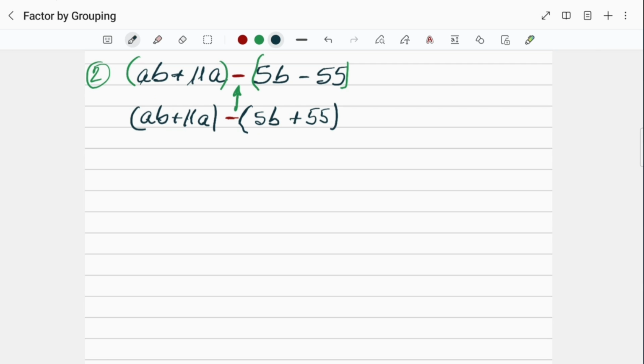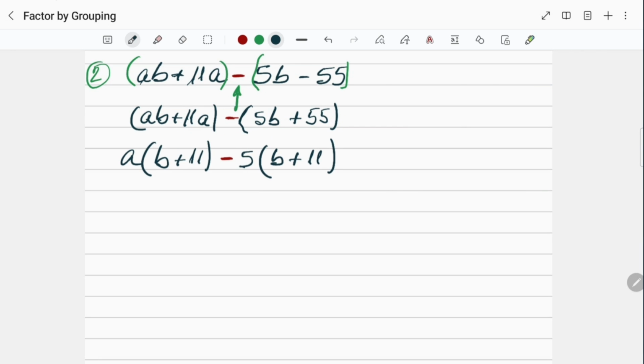Now step number 3 is factor out the common binomial factor. From the first parenthesis, I have a, which is a common factor of b and 11, and from my second parenthesis, I have 5 as a common factor in b and 11.